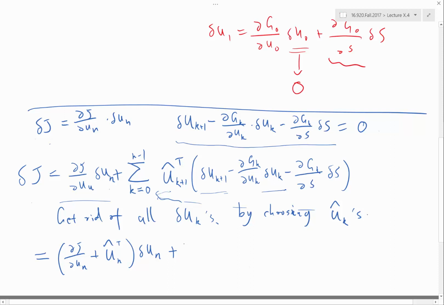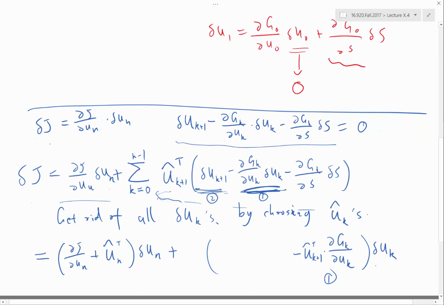So if you write down whatever is multiplied with delta uk, you have two terms. One term is this, don't forget the negative sign. I have negative of u hat k plus 1 transpose times partial gk partial uk. So that's from here, right? So let me just denote 1. And we also have a contribution from here, the second term.